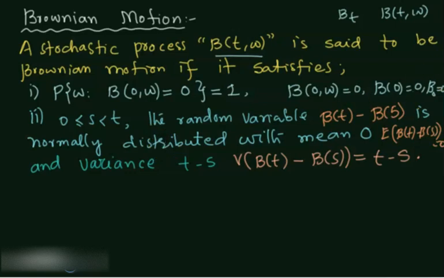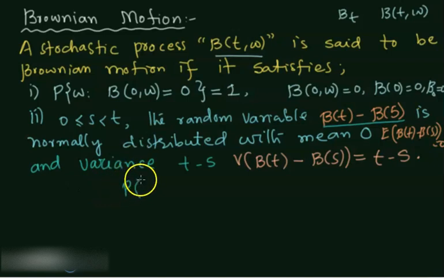Also, the probability distribution function that this increment, beta of t minus beta of s, follows is given by this.